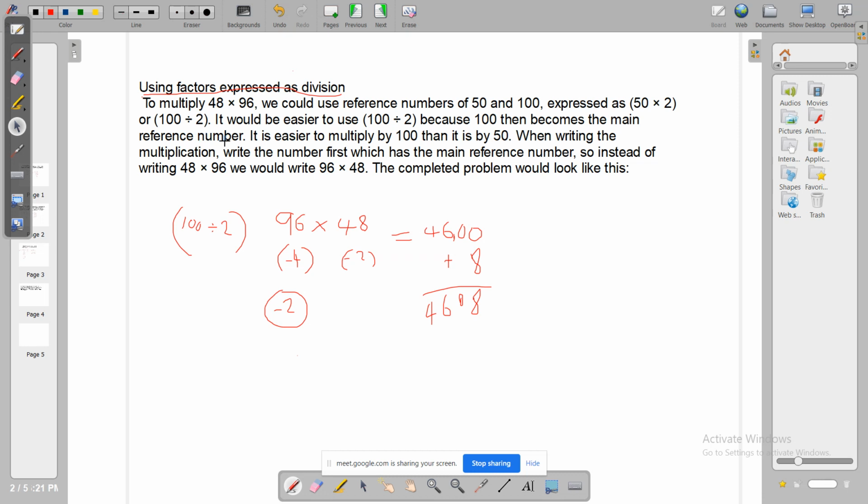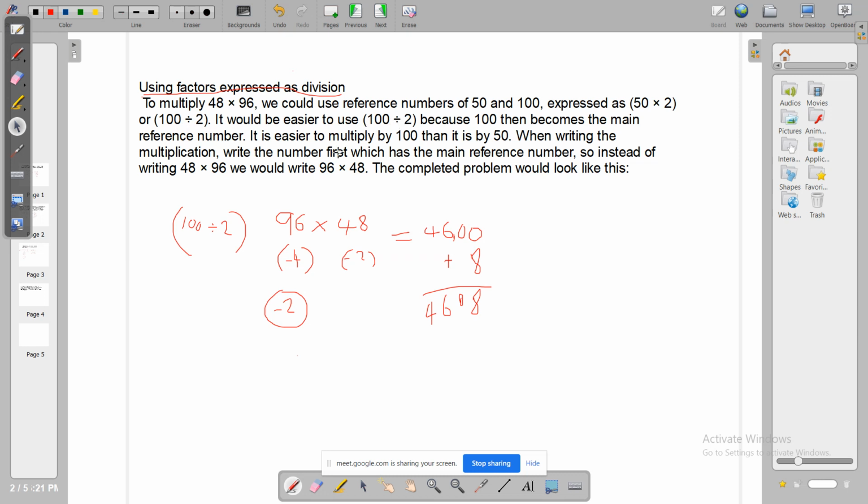Okay, now when you have the 100 become your main reference, it is easy to multiply by 100 than it is by 50. Okay, you already know from our previous experience. So when writing multiplication, write the number first which has the main reference number.